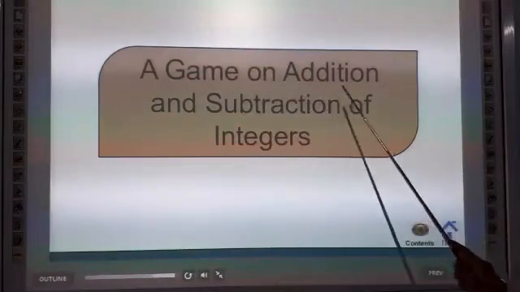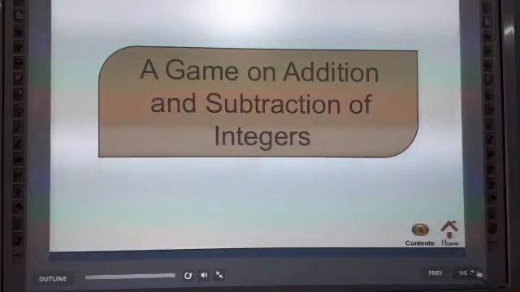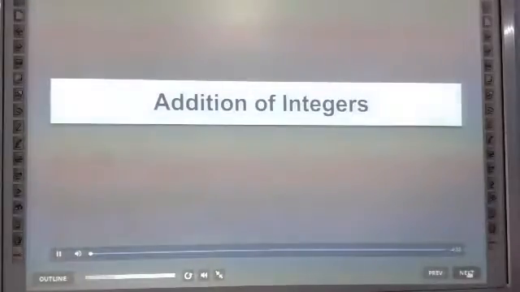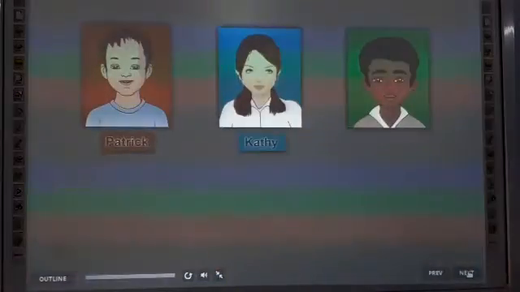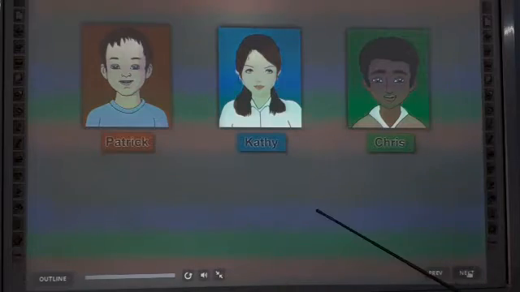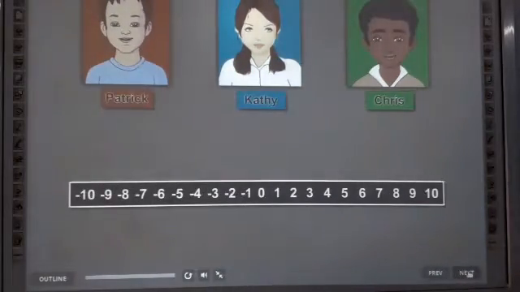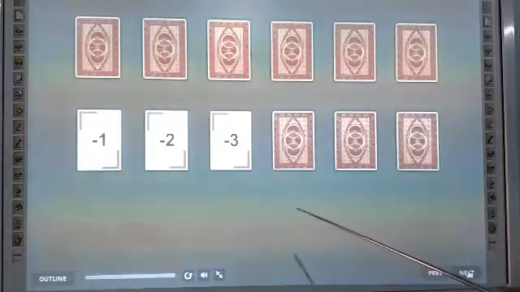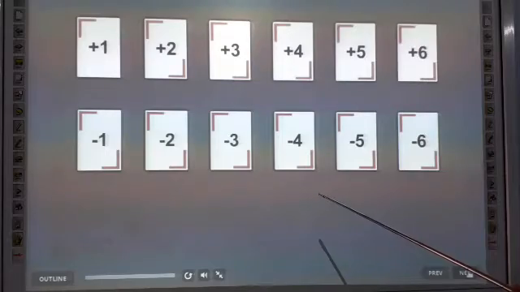Next, a game on addition and subtraction of integers. Addition of integers. Look here. Positive integers and negative integers.